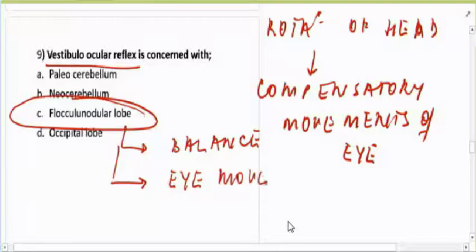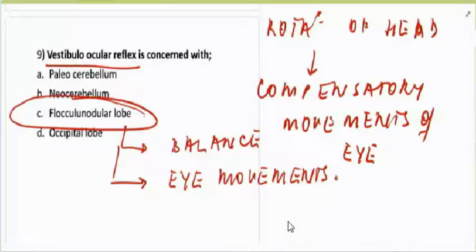So the vestibular ocular reflex is a reflex which is used to test for the integrity of the floccular nodular lobe. Rotation of the head produces a compensatory movement of the eyes.